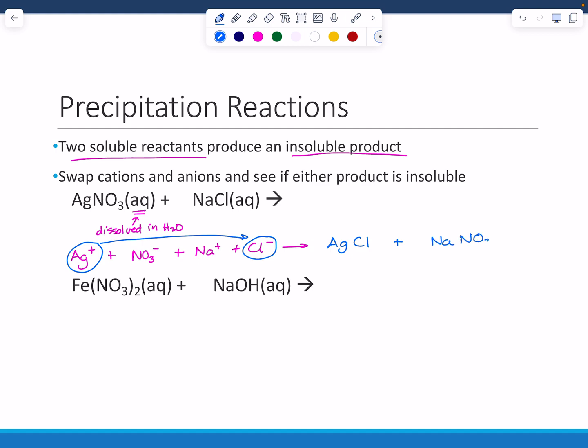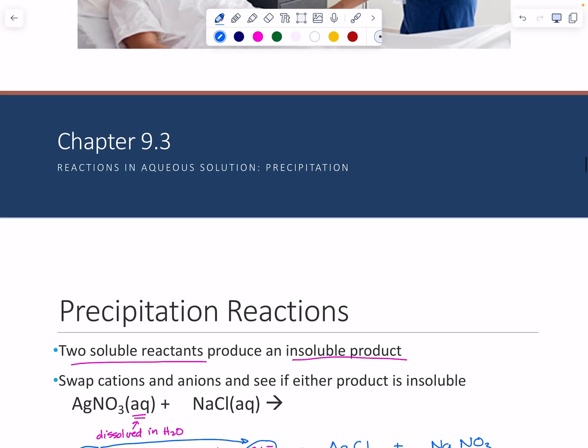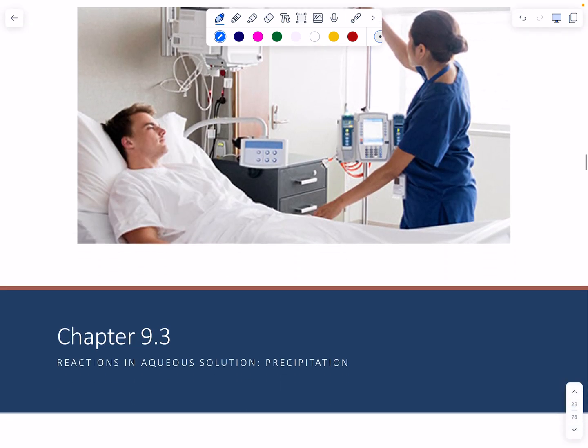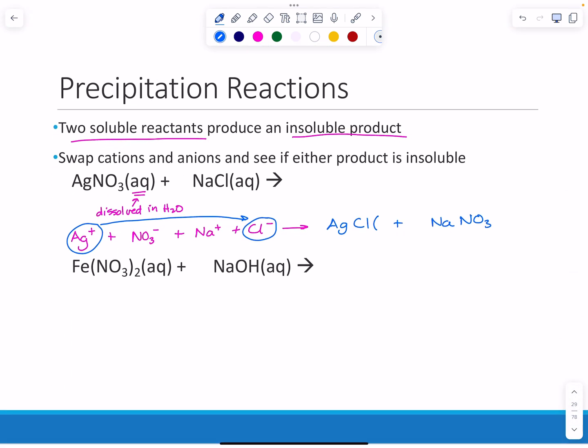We have to figure out, at the end of this process, are we going to see some solid form, or is everything just going to stay as ions in solution? So we would go back to our table and look for chloride. All chloride compounds are soluble except silver chloride. That's one of our exceptions. So this would not be soluble, and it would form a solid. This is an insoluble precipitate.